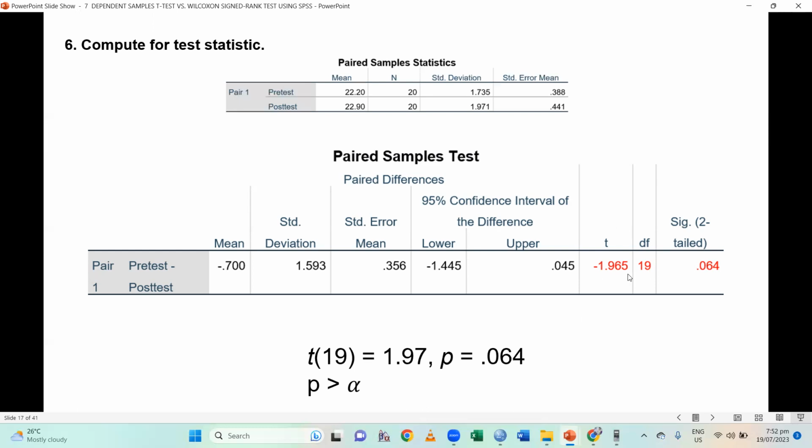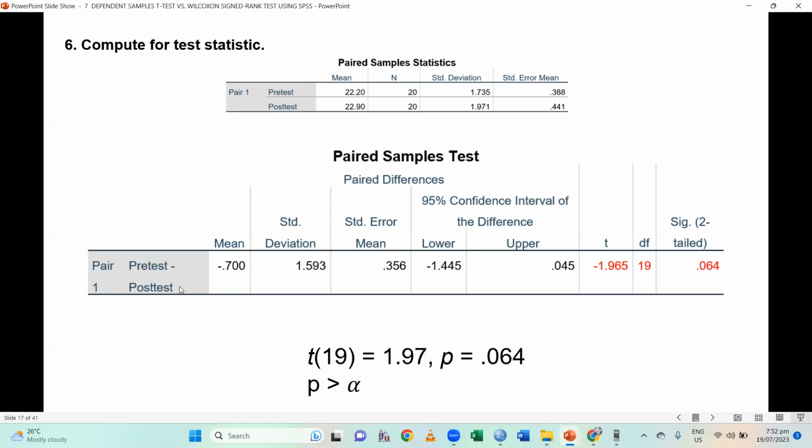For the t value here, if you could notice, we took the absolute value. We expressed it as a positive number. We disregarded the negative sign, and we rounded it to two decimal places. So it's 1.97 here. I just made it positive.